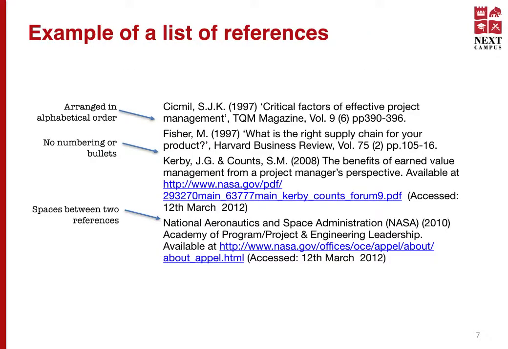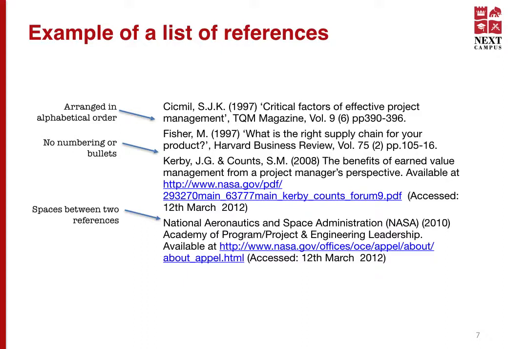When you look at a list of references, they need to be arranged in alphabetical order. Don't use numbering or bullets, and there should be a space in between the two references. And this list of references will generally appear at the end of your report.